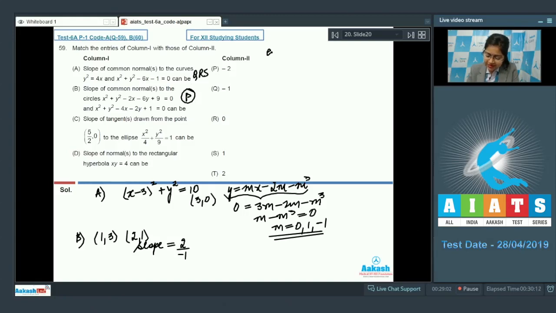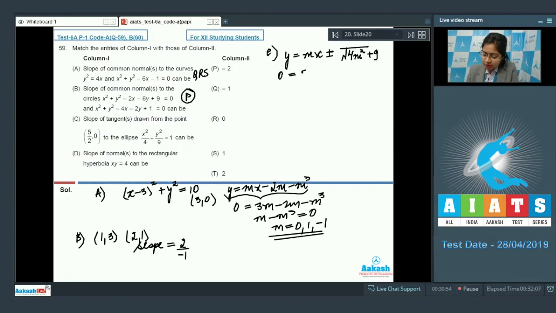Now option C says that the slope of tangent drawn from the point (5 by 2, 0) to the ellipse x square upon 4 plus y square upon 9 equal to 1 can be. Now for the slope of tangent on ellipse, as the major axis of the ellipse is along the y-axis, it will be y equal to mx plus minus under root of 4m square plus 9. As this tangent is passing through (5 by 2, 0), let us satisfy that point.